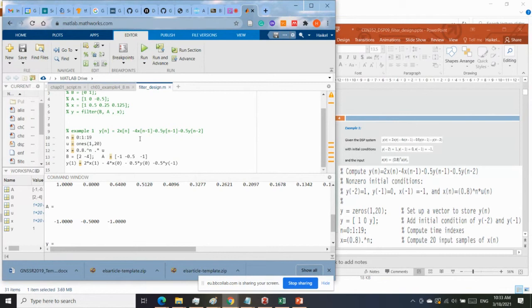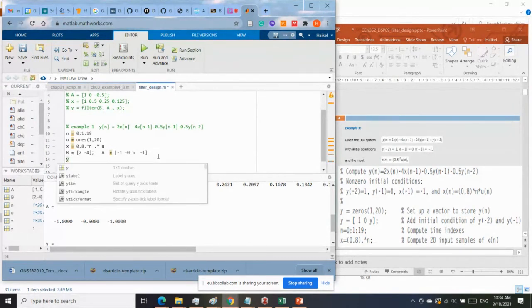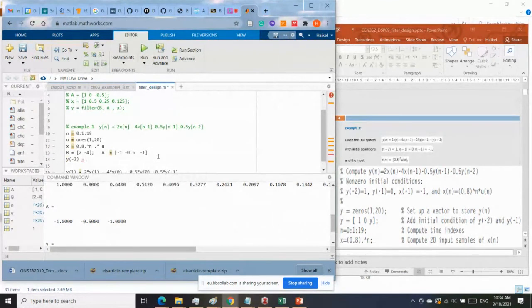So how am I gonna solve this? Instead of starting from 0 I have to start from 1. The initial conditions, let's write them here. I cannot write like this, y is equal to 0, because it will tell me there's a problem, there is no minus 2.